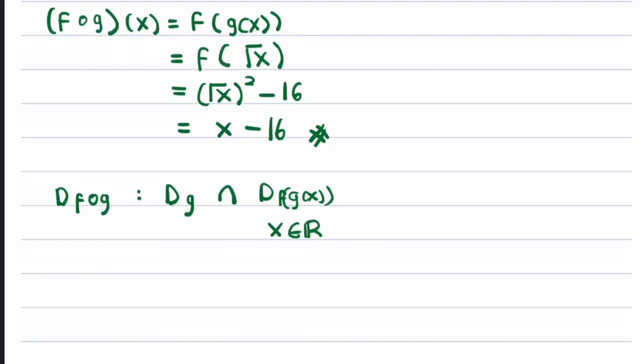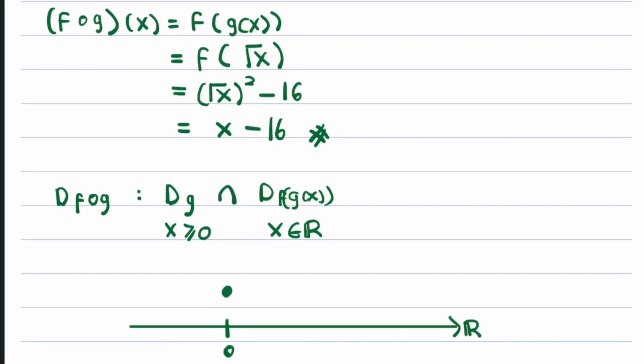So if you intersect with the domain of g, which is the inner function, x greater than or equal to 0, draw your real number line. The first one, you have the domain of g at 0. It is a solid point because it includes the number 0, and it goes to your right, towards positive infinity. This is the domain of g.